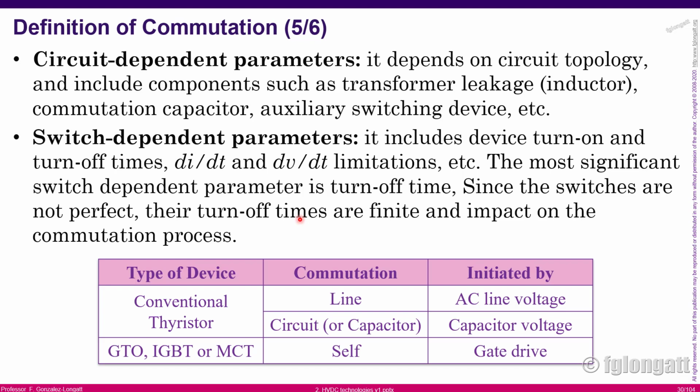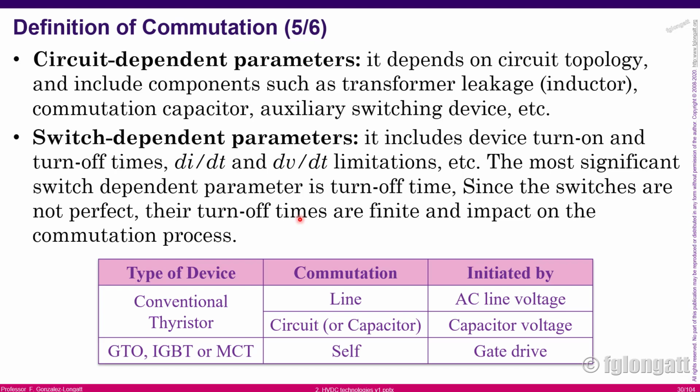On the other hand, we need to be careful about the switch, because the switch can define the commutation and the type of commutation and the way that the commutation behaves, okay?